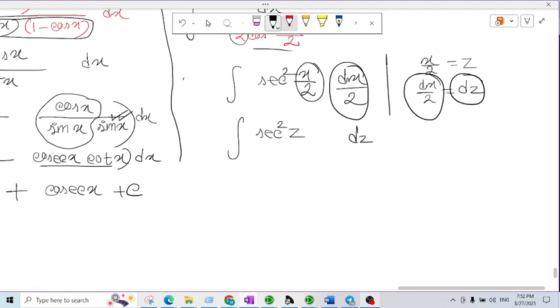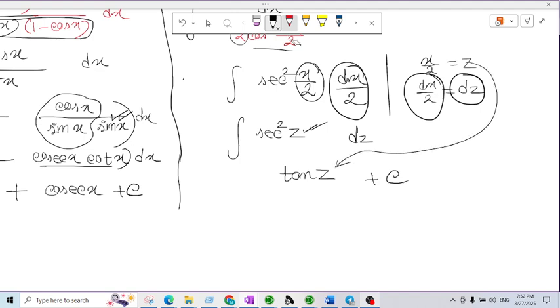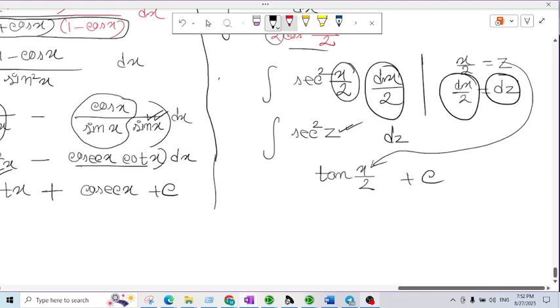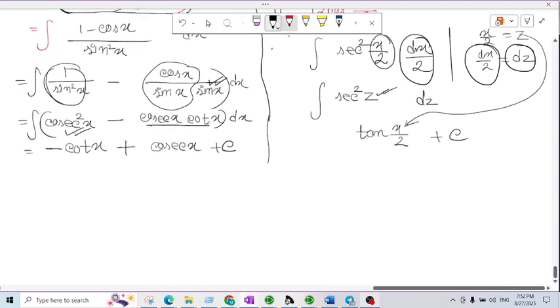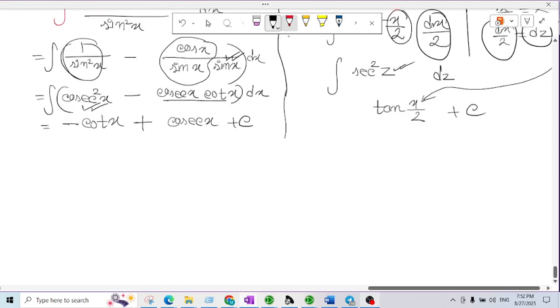So if we now integrate this, we know the integration of sec square z is basically tan z plus c, and this z is nothing but x by 2, right? So we have tan x by 2.